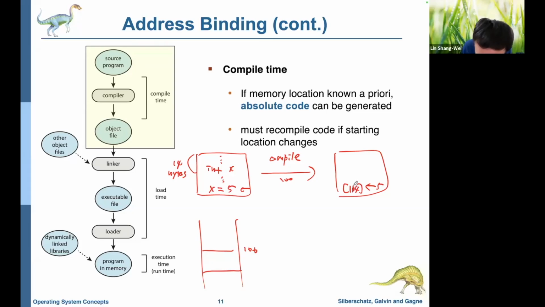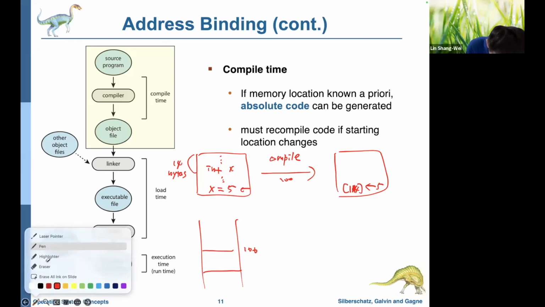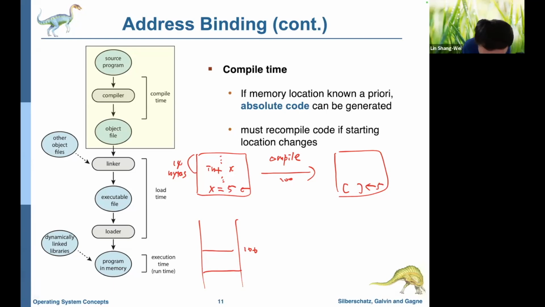Because your program starts from 100, and this variable is 14 bytes starting from your program, its address should be 114.